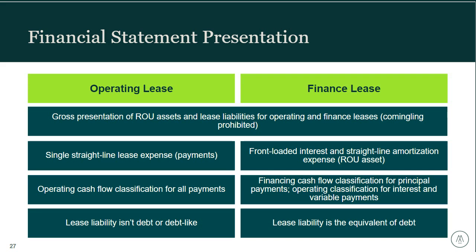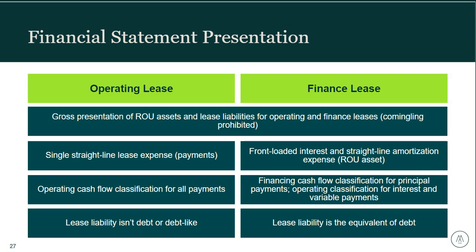Statement presentation, and again, we talked through the difference between the two classifications we're now going to have: the operating and the financing lease on the lessee side of the house. There is a difference when you look at the balance sheet impact. What gets different is your cash flow, and well, your cash flow stays the same.